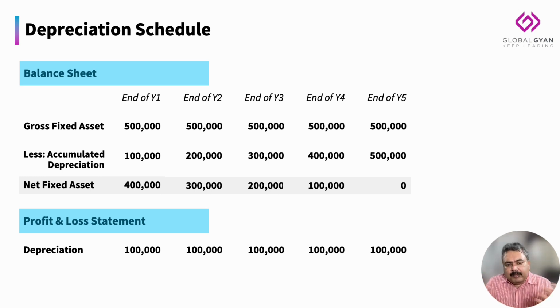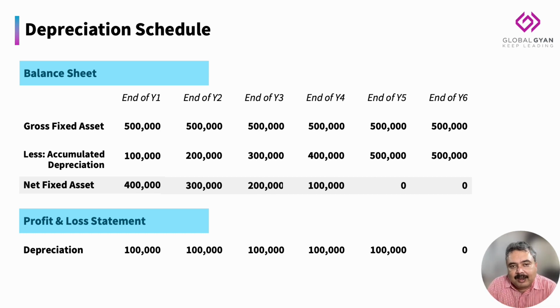So let's say this equipment or this asset is useful for one more year, and therefore at the end of year six, what do you find? You'll find that the gross fixed asset is still 500 because it's in the books as a 500,000 asset, but there's no depreciation this year, and therefore the net fixed asset is zero. But you now get to use an asset without any expense, right?